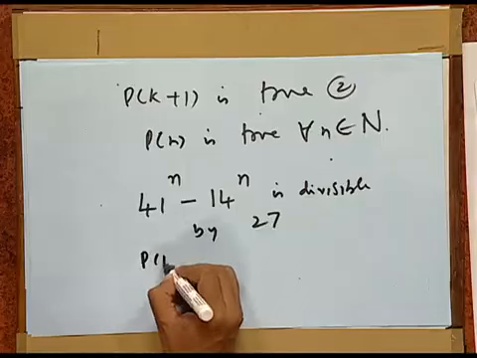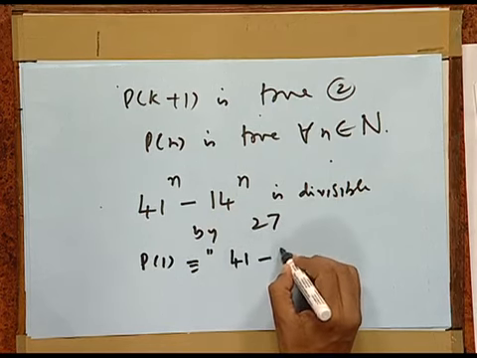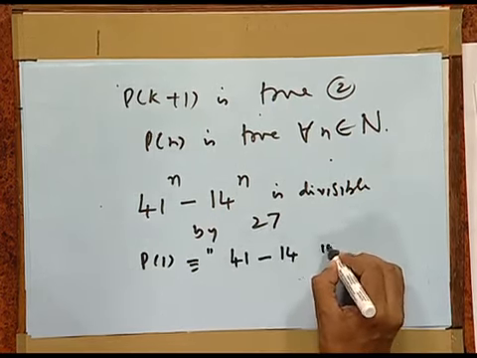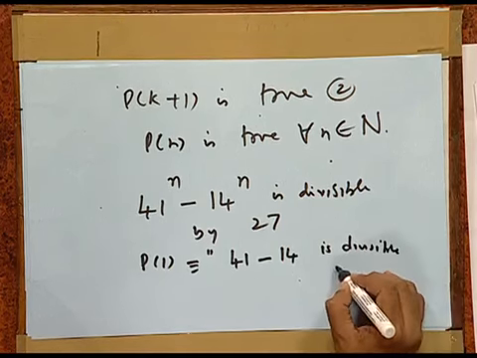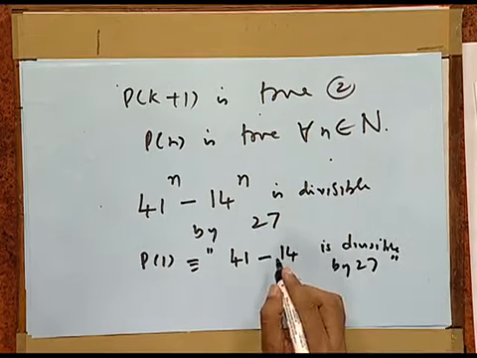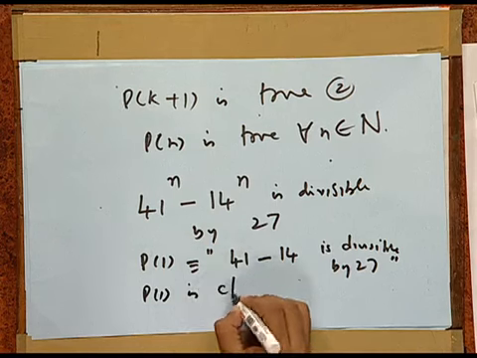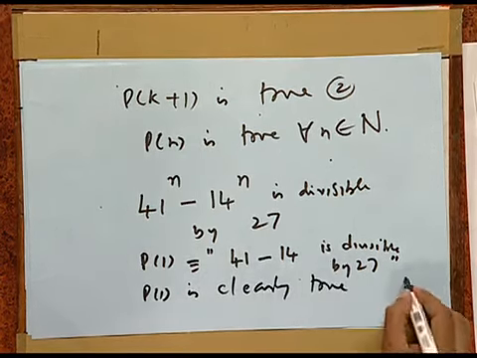So, P1 stands for 41 minus 14 is divisible by 27, which is true obviously, because the number itself is 27. So, P1 is clearly true. We have done the first step.